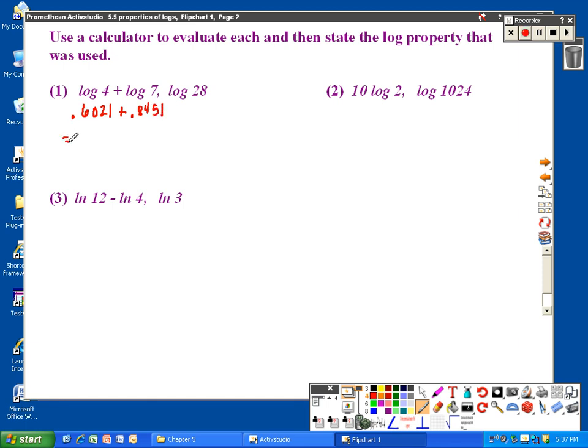So if I add those two up, I get 1.4472. Now that should be equivalent to log 28. So if you punch log 28 in your calculator, you get 1.4472. So it does prove, again, that the log rules work. So what rule was used to go from log 4 plus log 7 to log 28? That would be the multiplication property.